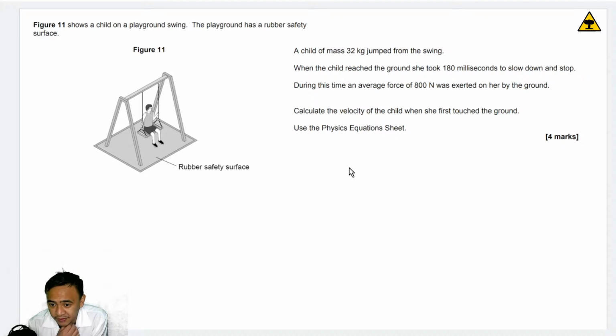When she first touched the ground. I mean, there's two methods. I just need to rearrange the equation. Okay, there are actually three. If you really think about it, there are three methods.